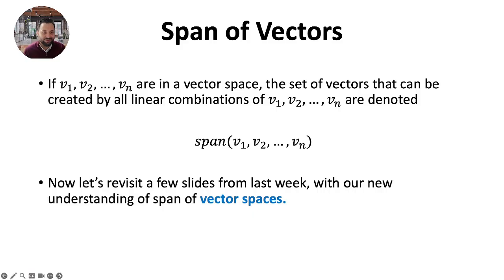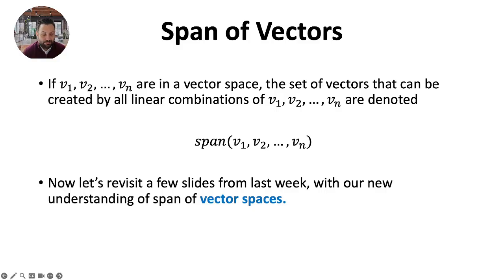The span of vectors is defined as all linear combinations of those vectors, and all linear combinations of those vectors make up a vector space. So we talk about how this plane is populated, or exists in a larger vector space, by using the term span.